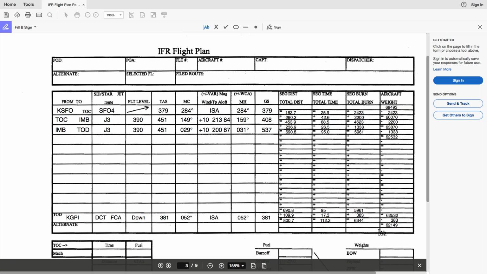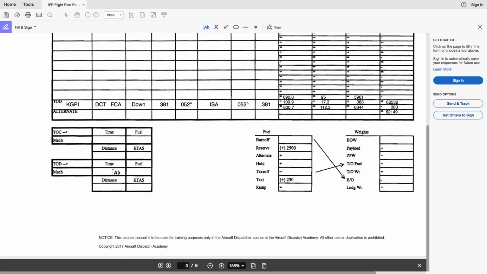Okay. Does he want to see us fill out all the miscellaneous boxes? Yes. All the boxes below. I want you guys to be able to fill out the entire flight package, so we're just going to go over this part here.